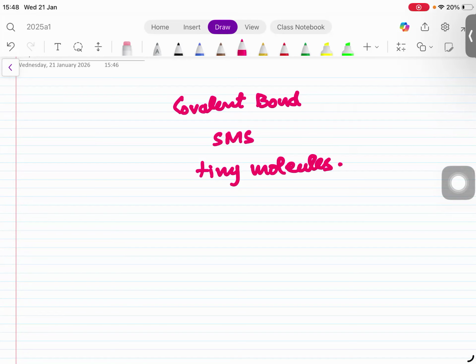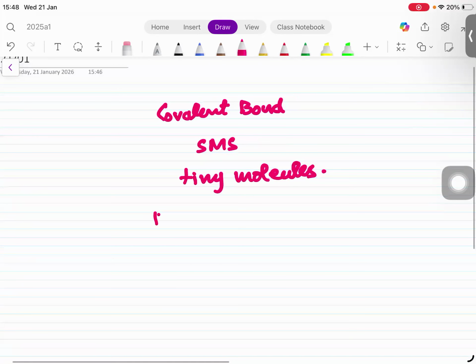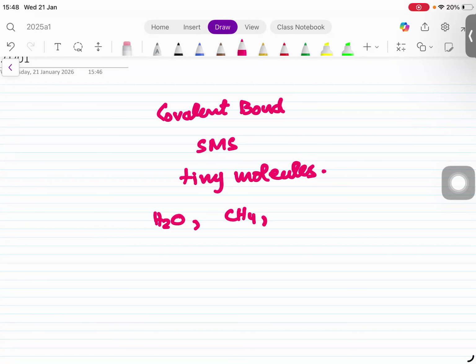In the previous class, we discussed the dot and cross diagrams, in which we saw how the molecules are formed, how the electrons are shared, and we also discussed the expansion of octet and all that. The examples, if you remember, were H2O and CH4, the tiny molecules formed whenever a covalent bond with simple molecular structure is formed.